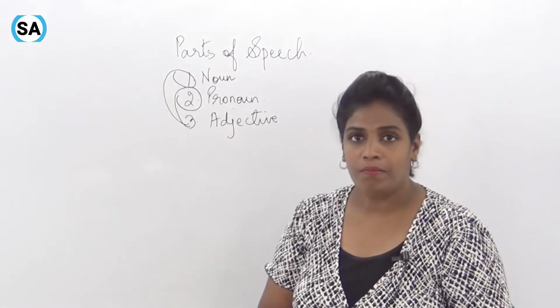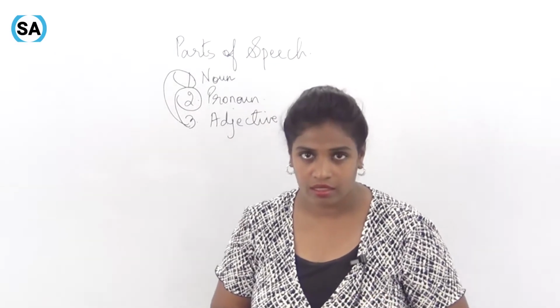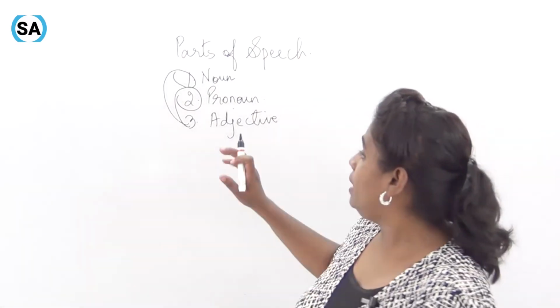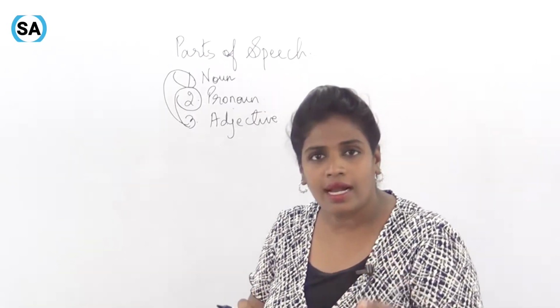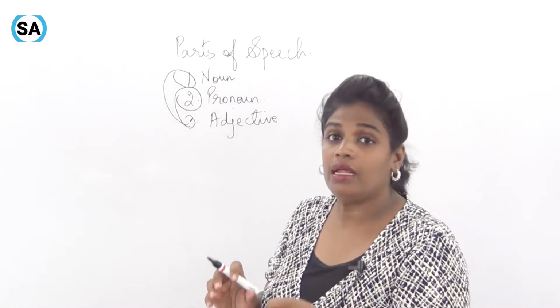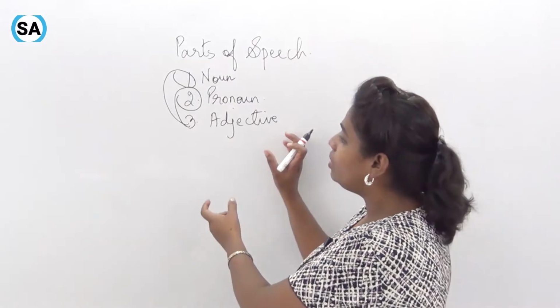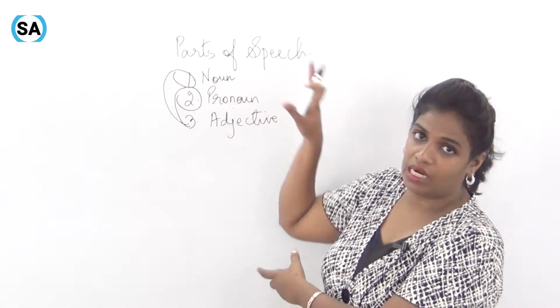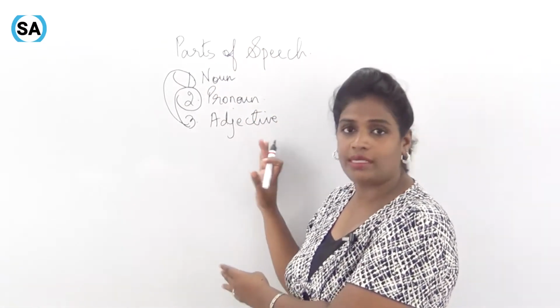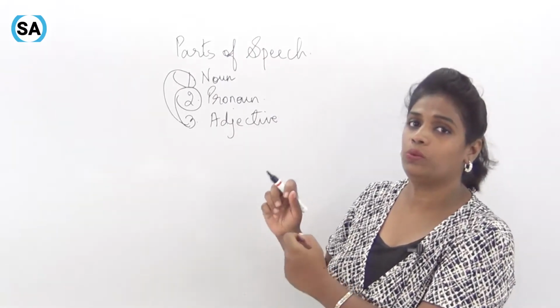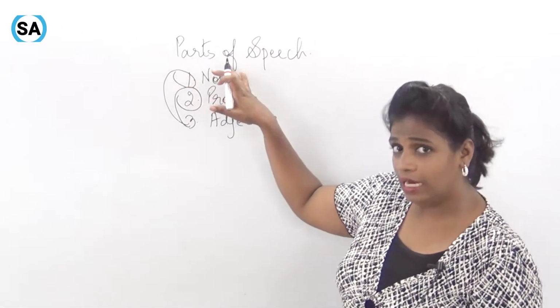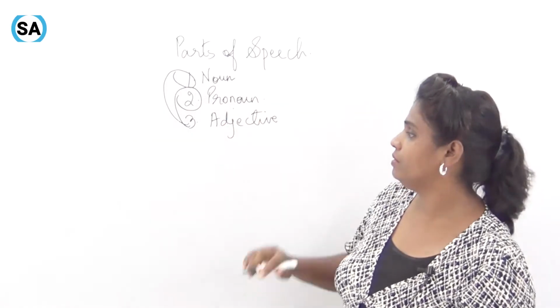An honest man. Man is a noun word. He is honest. What kind of man he is? He is an honest man. So honest describes noun. So I say adjective is a describing word that describes noun or pronoun.